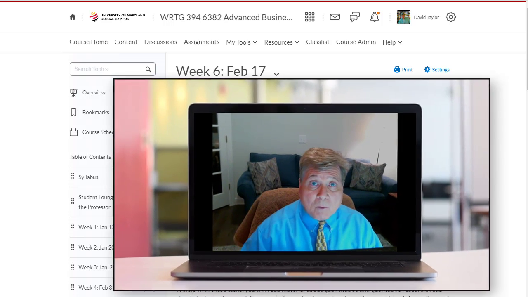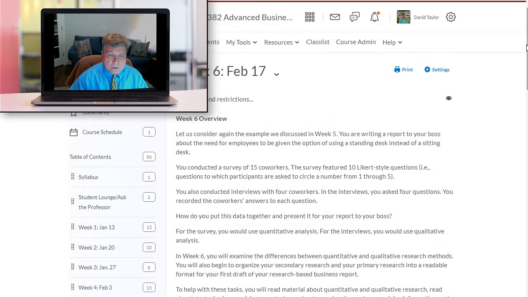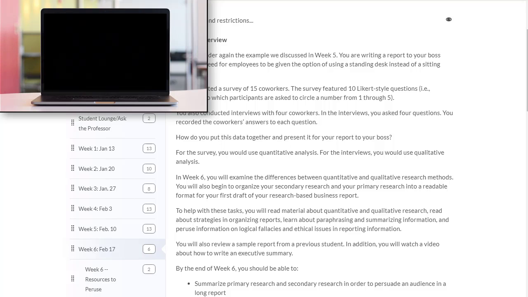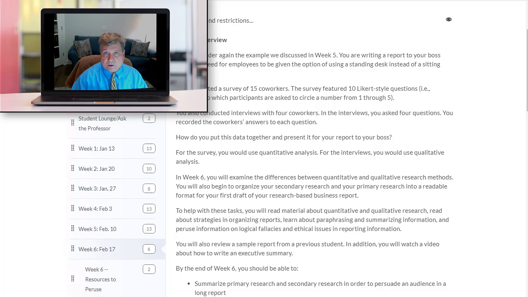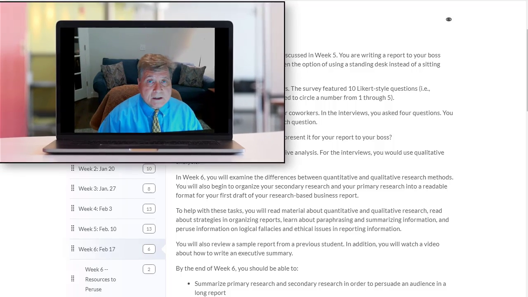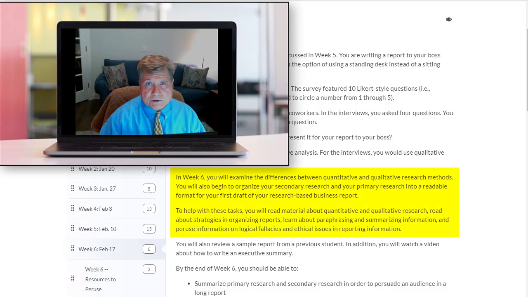Let's take a look at what we've got going on this week. In your overview, you will be told a lot about the difference between primary research and secondary research, but more importantly, the difference between qualitative research and quantitative research.